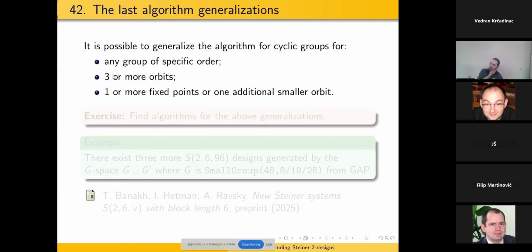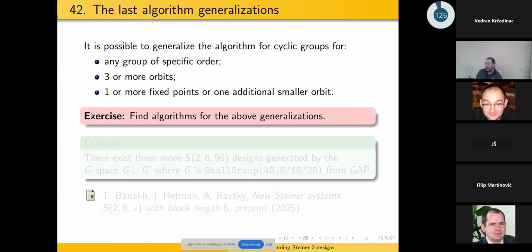So these are possible generalizations. I actually did this generalization, I suppose even in the beginning of this year. And an exercise: find the algorithm for the above generalizations. I assume that using the slides, you can easily develop the generalization for all these 3 cases.